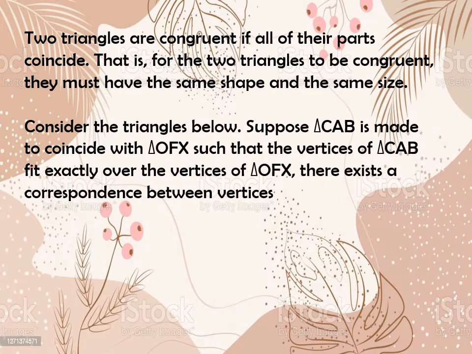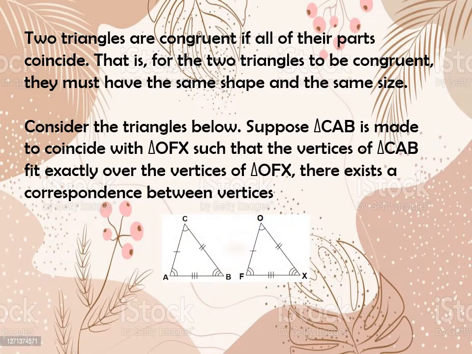Consider the triangles below. Suppose that triangle CAB is made to coincide with triangle OFX, such that the vertices of triangle CAB fit exactly over the vertices of triangle OFX. There exists a correspondence between vertices.